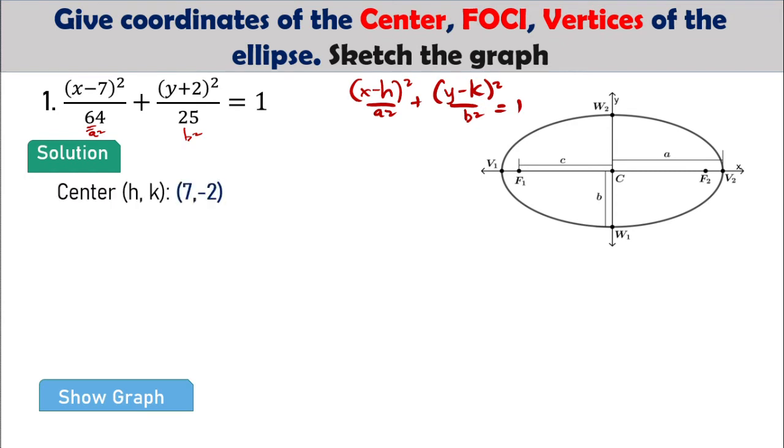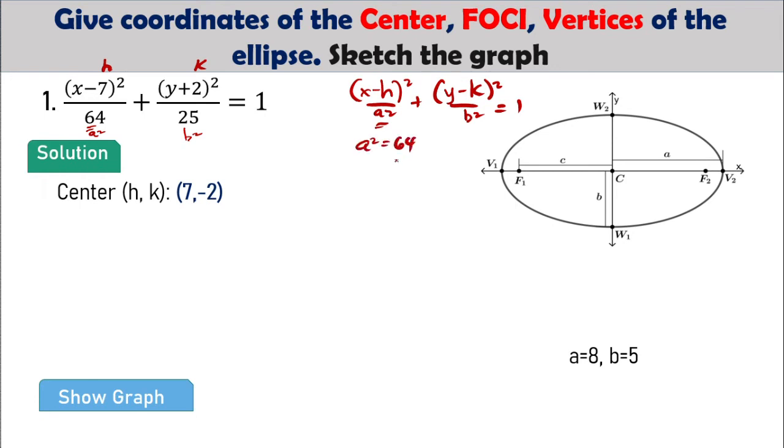Now, let's analyze what are the given. So, first, center. So, center niya, yung (h, k). Ito yung h, saka ito yung k. So, it gives us 7, negative 2. Right? So, meron na tayong center. Now we're going to identify what is the value of a. So, ang value a squared natin is 64.